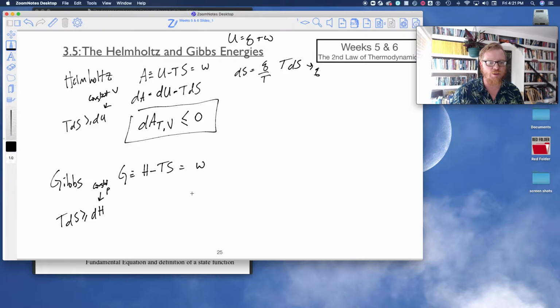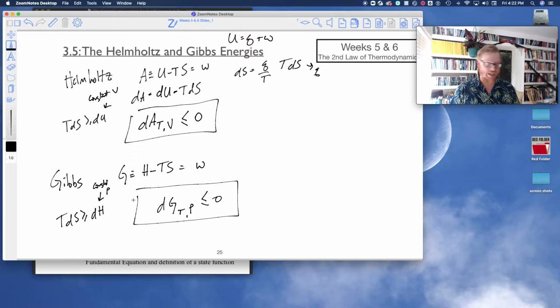And so now similarly what this gives us is dG at also constant T, but now at constant P, this has to be negative for all spontaneous processes. And hopefully you remembered that from your Gen Chem or even your biochem, Gibbs has to be negative for a spontaneous process. Okay?